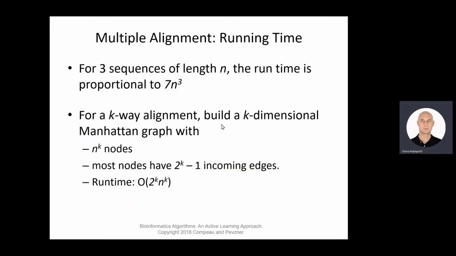So, for 3 sequences of length n, the runtime is proportional to 7n to the power 3. Why 7? Because at each point I have to look backward to 7 other points. For a k-way alignment, we are going to check backwards to all possibilities, and we must build a k-dimensional Manhattan graph with n to the power k nodes.